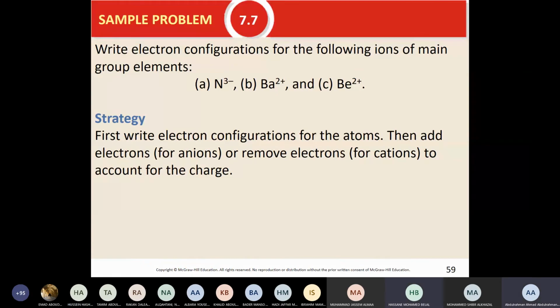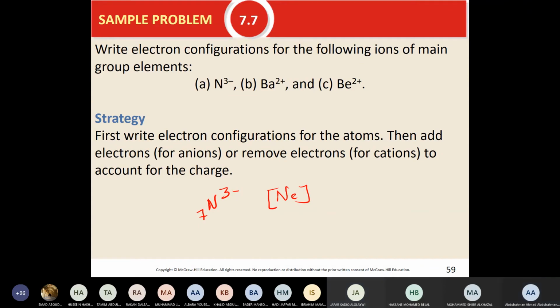Write the configuration for the following quickly. For nitrogen, N3 minus. Don't forget, nitrogen has 7. So what's the electronic structure for N3 minus? It's Ne.